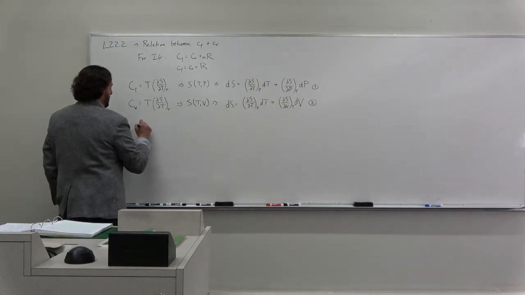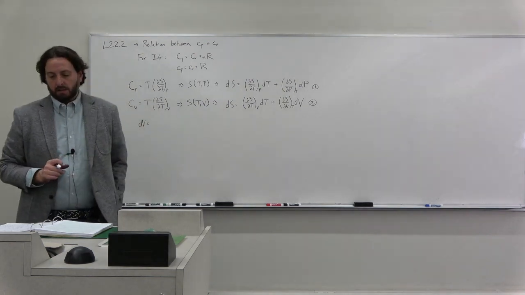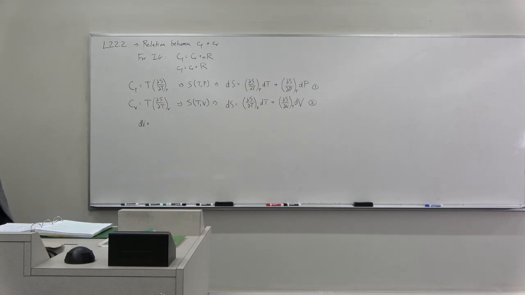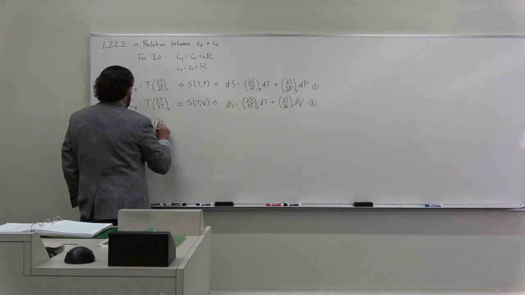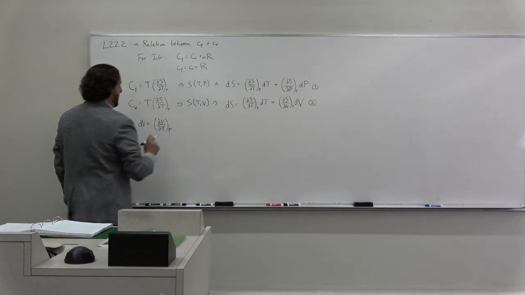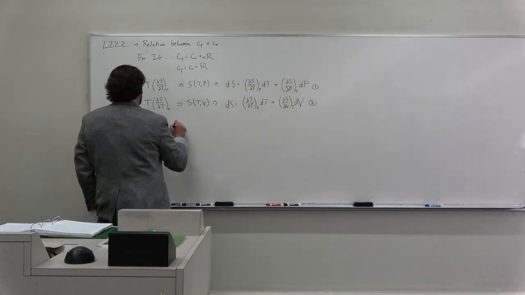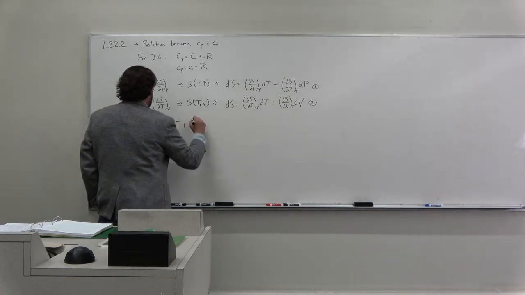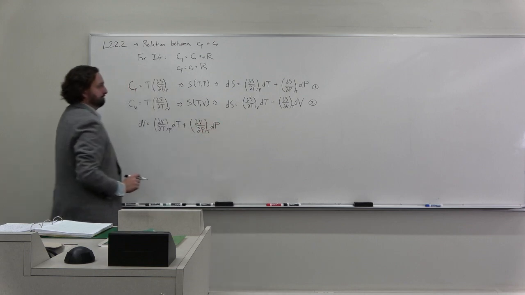So the volume is also a state function, or an exact differential, so we can write partial V, partial T at constant p, dT, plus partial V, partial p at constant T, dp.